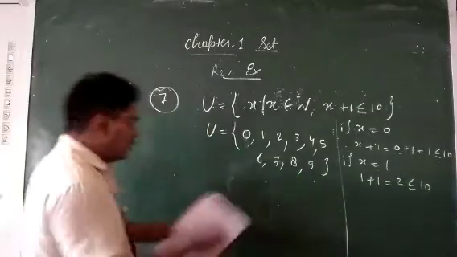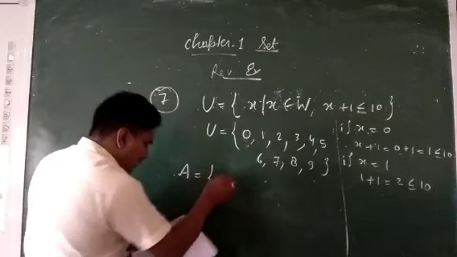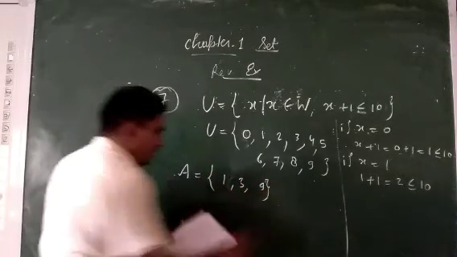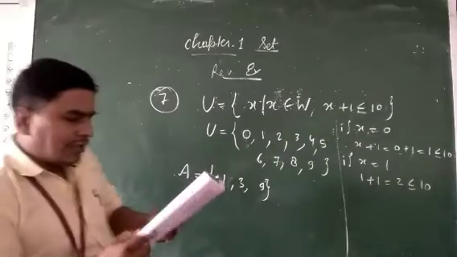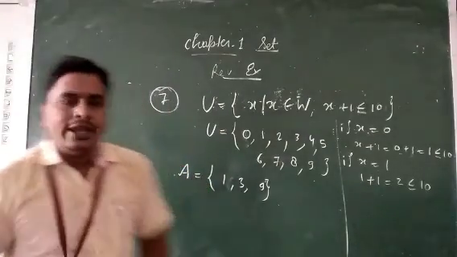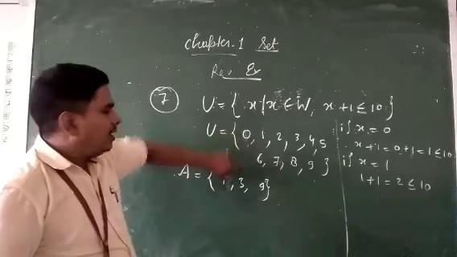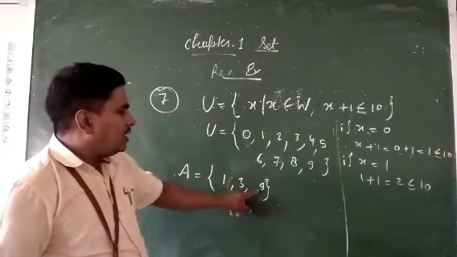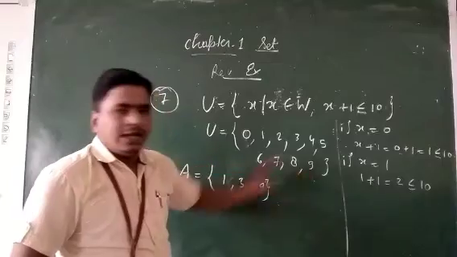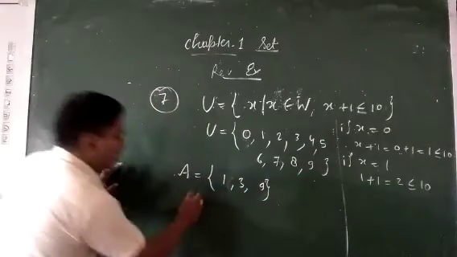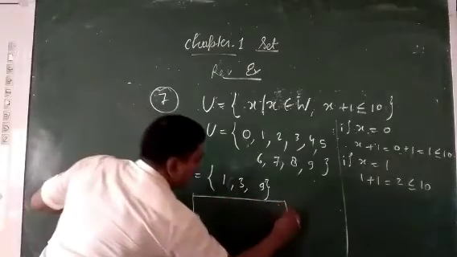A is equal to 1, 3, 9. Then show them by a Venn diagram. See here, in both sets U and A, 1, 3, 9 are common; these three elements are common. So how can we represent these sets by a Venn diagram?